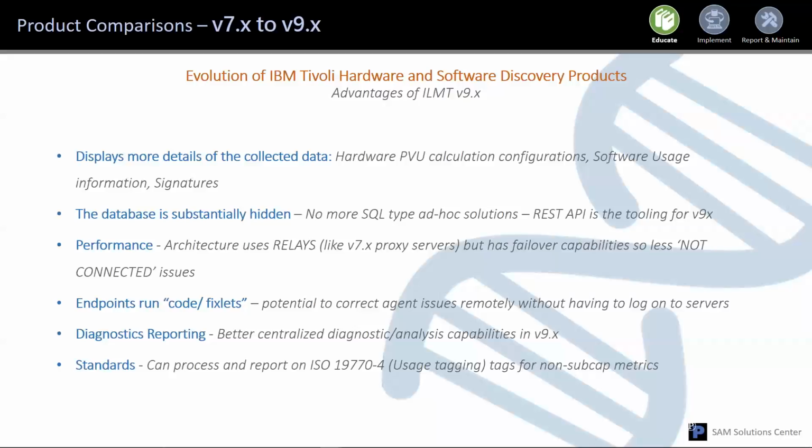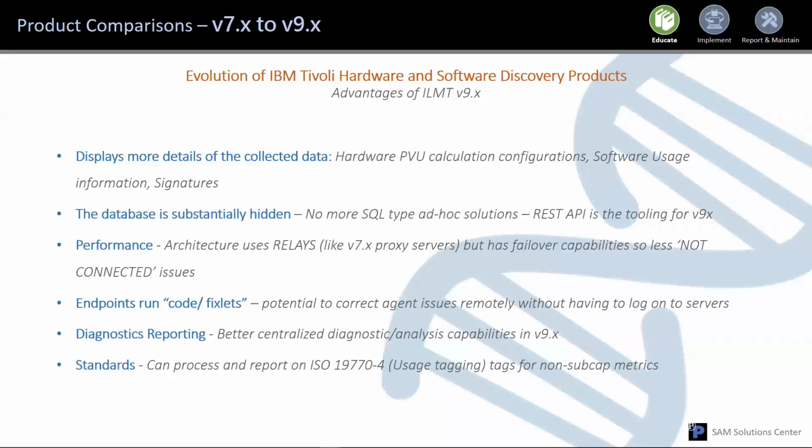And that gets to the second bullet. The second key thing that I would suggest ILMT version 9 surfaces that was a difficult item in 7 is the ability to actually see what signature was the key to the discovery of something and where it was discovered. Consumers have always had a challenge: ILMT discovers an artifact of an install that perhaps was thought to have been removed, the removal wasn't complete, and so forth.